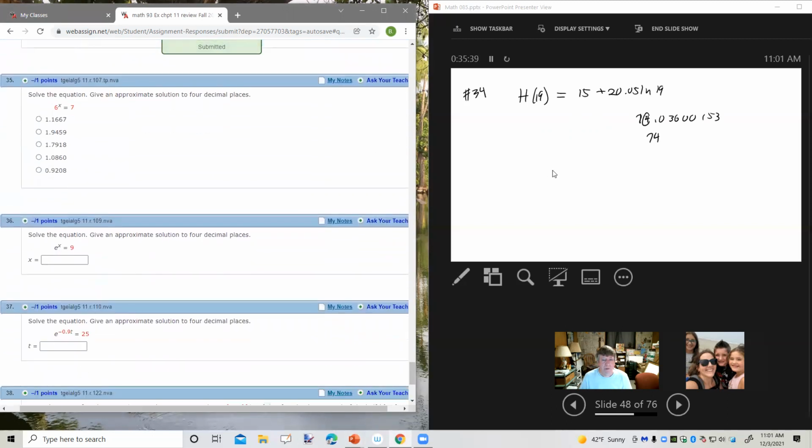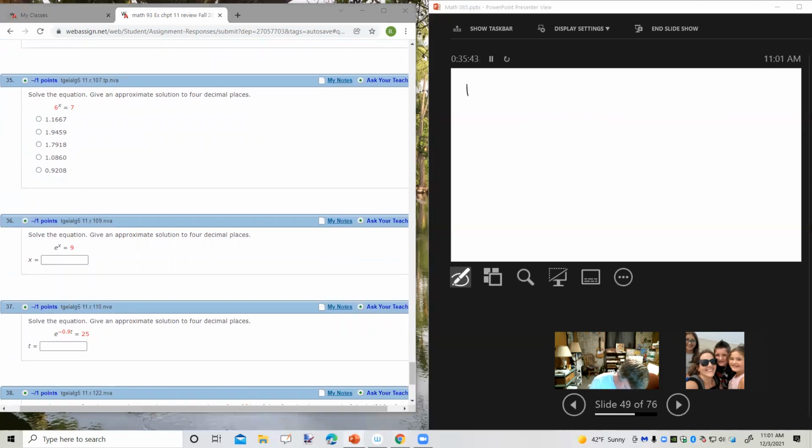Okay. Let's take a look at number 35. Solve the equation. 6 to the x equals 7. Well, I don't know how to take 7 and write it as 6 to some power, but I can rewrite this as log base 6 of 7 equals x. So then x equals log of 7 over log of 6 using the change of base formula.